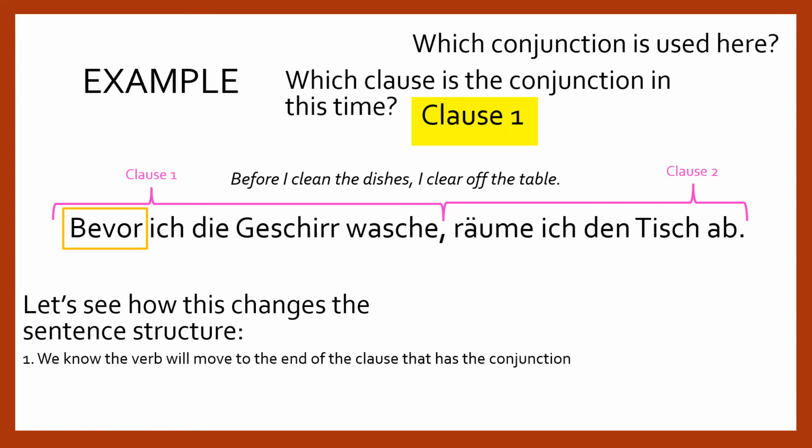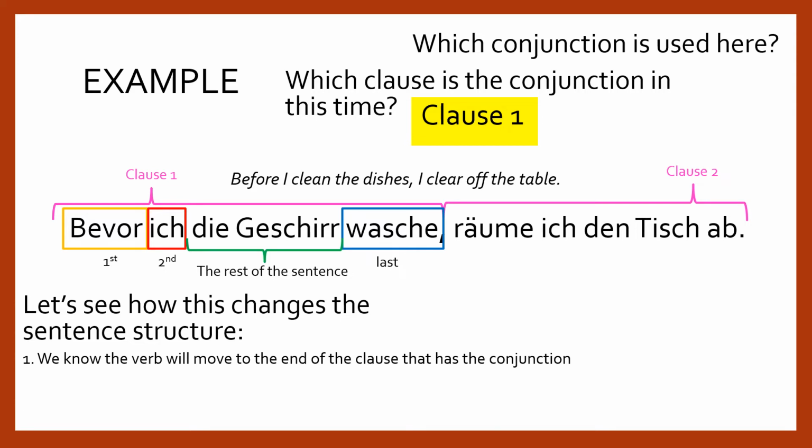So we know the verb will move to the end of the clause that has the conjunction. So wasche is at the end of that clause. And before is in that first position of the clause, which means that ich takes the second position and the rest of the sentence is squished in between the subject and the verb at the very end.